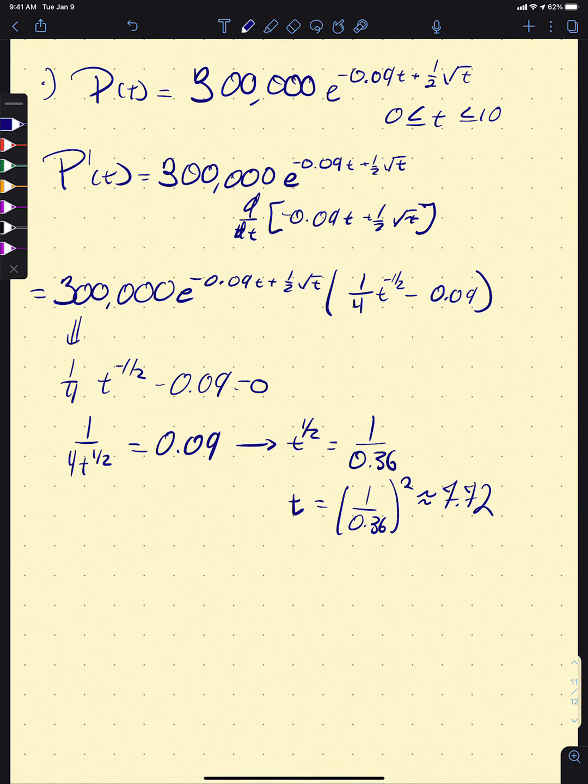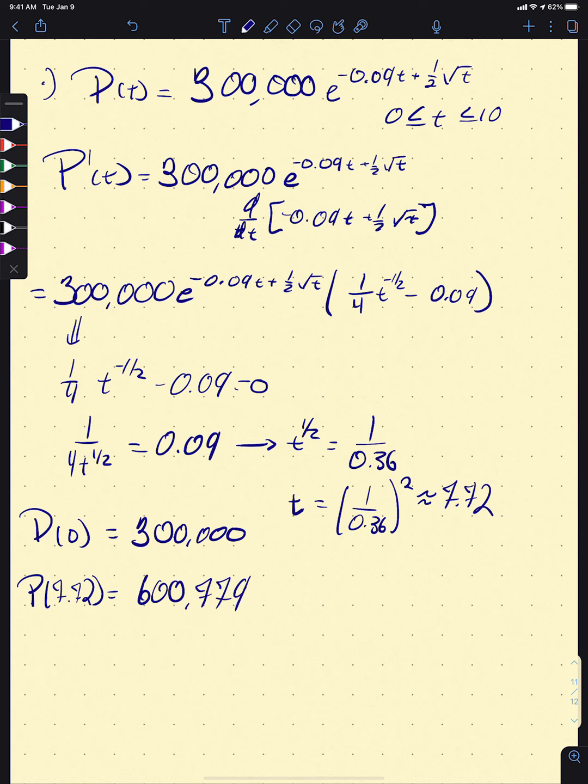We need P of 0, which if you plug this in, you would see that this becomes 0, and then e to the 0 is just 1. So we're left with 300,000. P of 7.72 years, if you run that through a calculator, you're going to get 600,779.